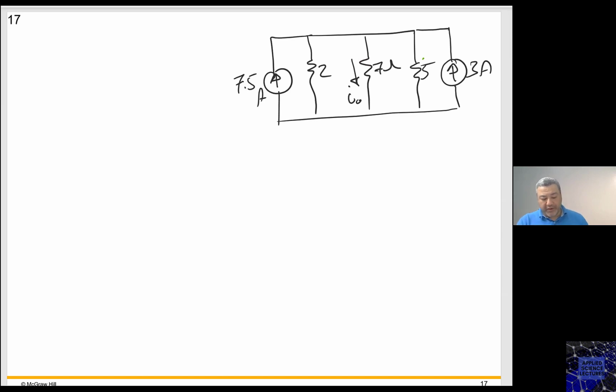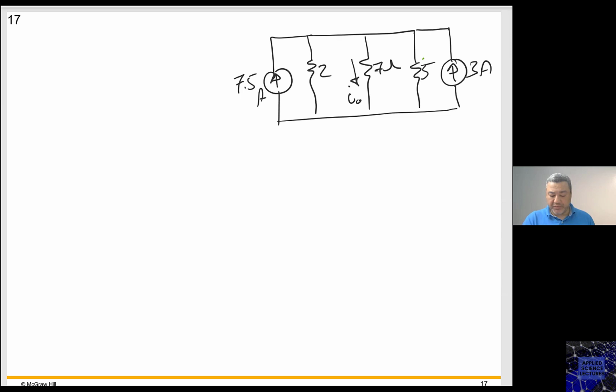What I can do here, I can combine this 5 and 2, and also I have the 3 and the 7.5 ampere also connected here in parallel, so they are going to contribute the current.